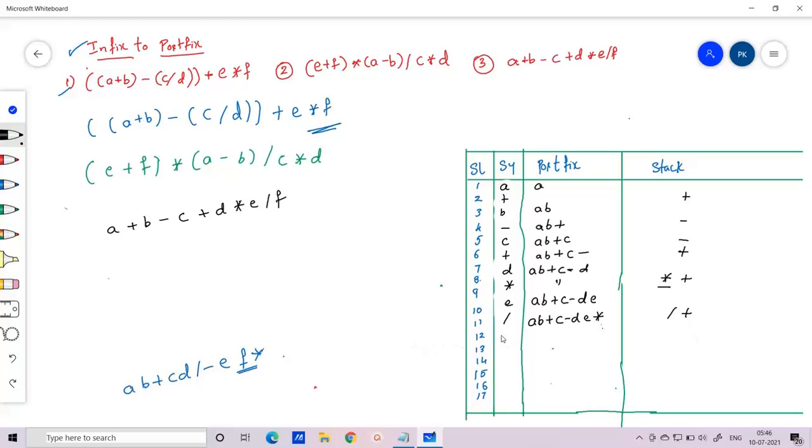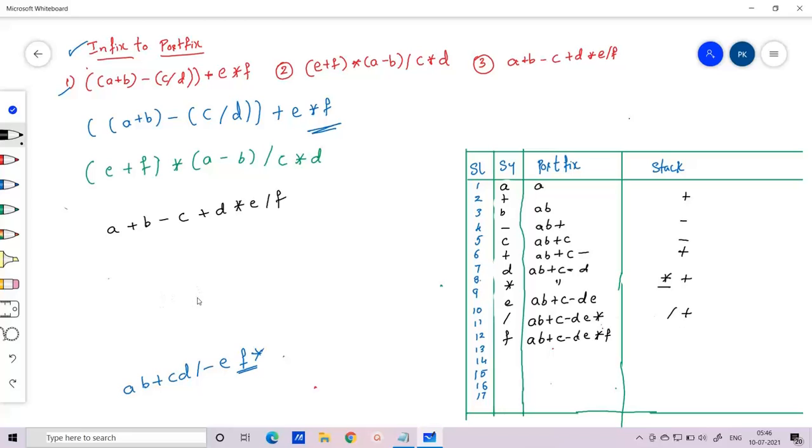And at last we have F. So we'll write the operand into postfix, which is AB plus C minus D E into F. Okay, so this will be our expression, and after completing all the characters, I need to remove these two operators also.